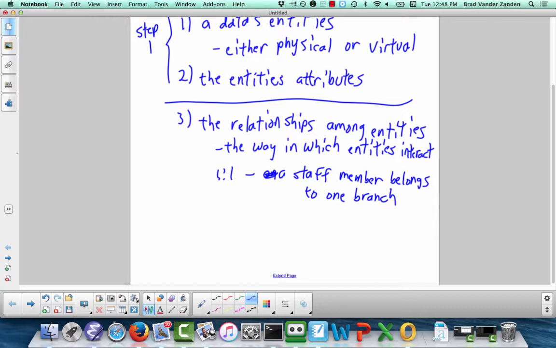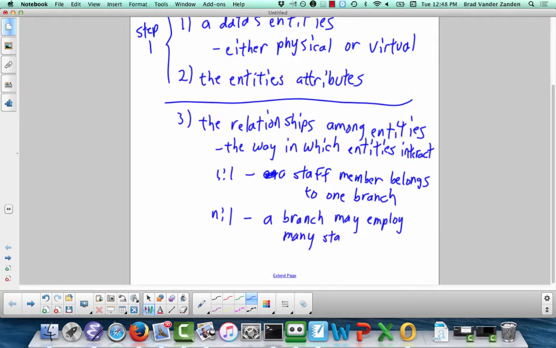The opposite side of that is what we call a many-to-one relationship. So a branch may employ many staff.